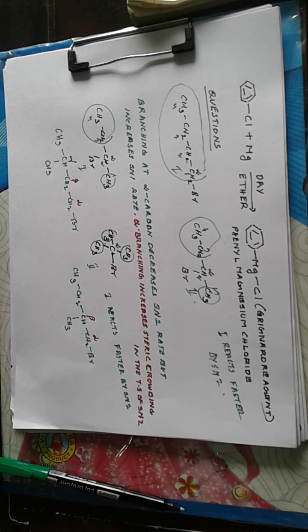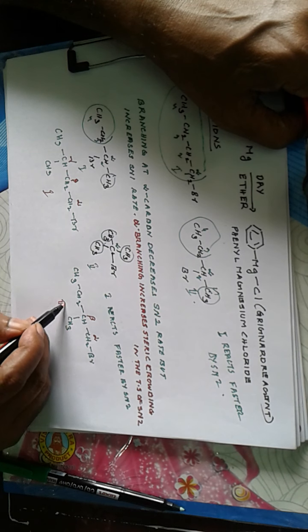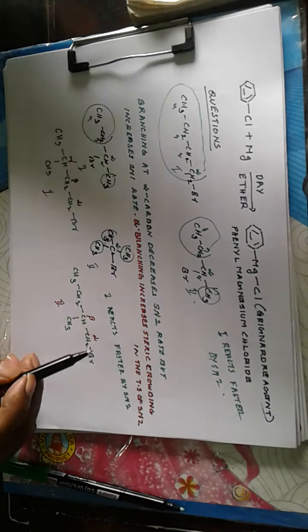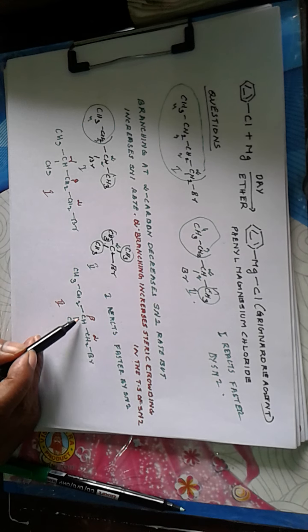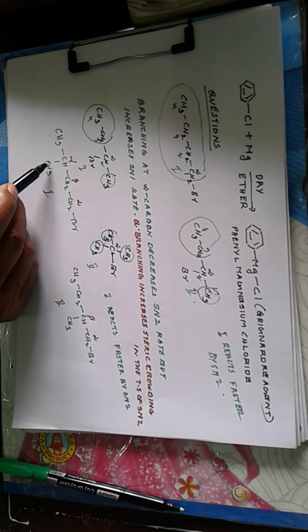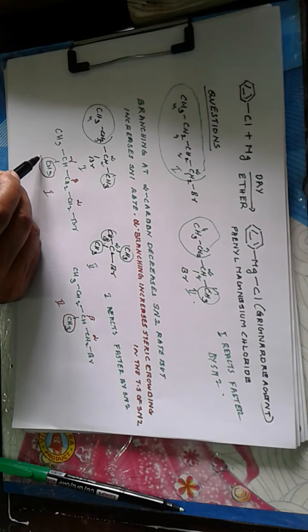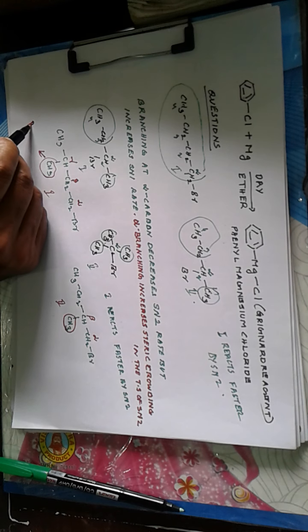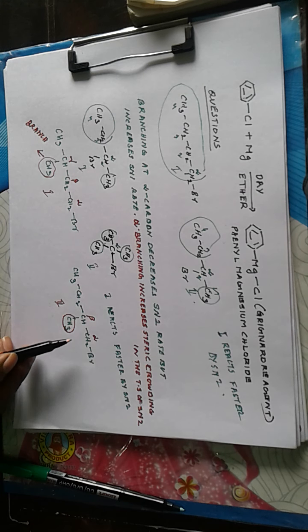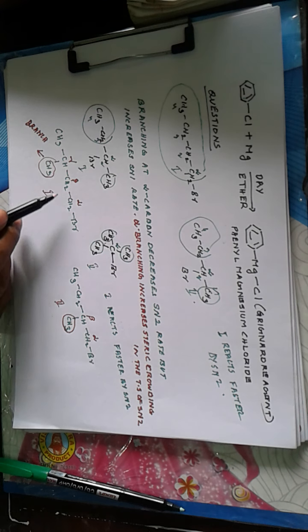Now the main difference between these two compounds is that in compound 2 the branch is close to the alpha carbon. In compound 3 this is the branch, and here this is the branch. In compound 2 the branch is close to the alpha carbon, and in compound 3 the branch is away from the alpha carbon.